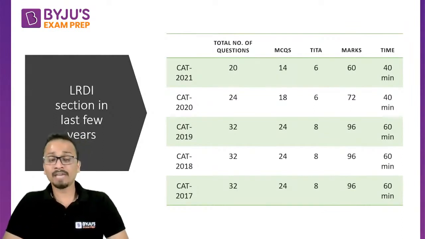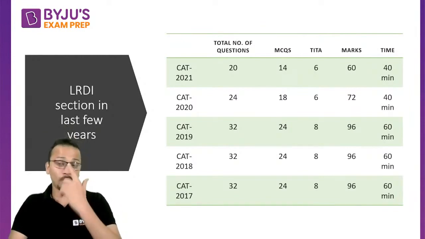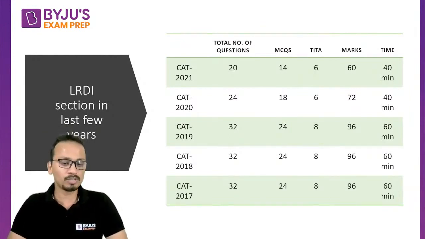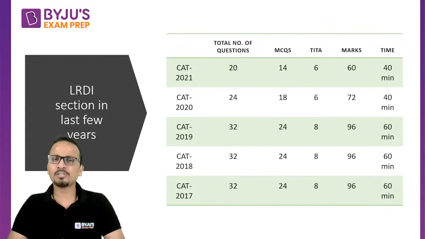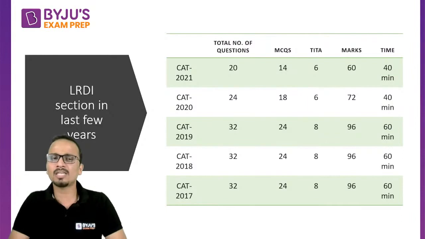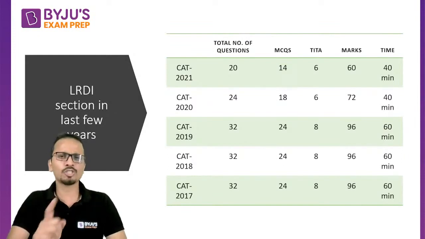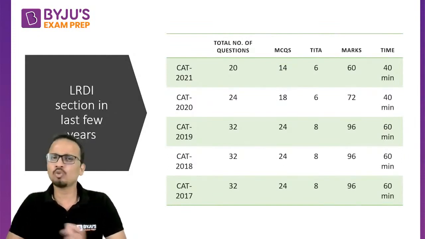Now, if I talk about the coming year, though it is too early to talk about this, I can say that I'm expecting a similar pattern as far as CAT 2022 is concerned. So the time limit will be 40 minutes for each section, and the number of questions in the LRDI section may be 20.